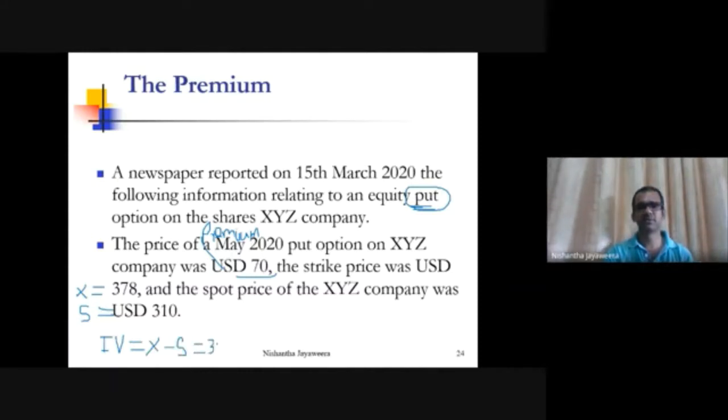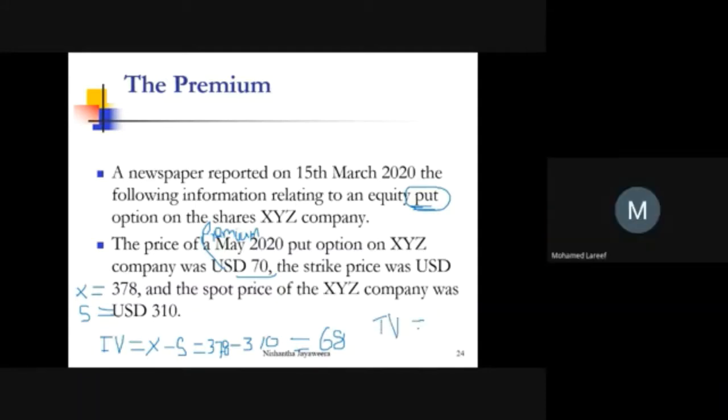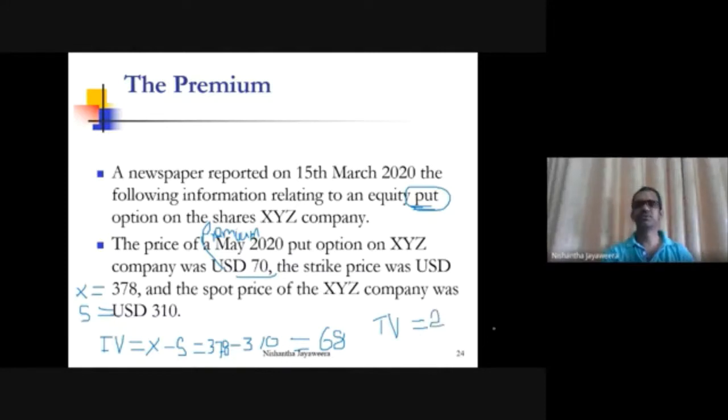So 378 minus 310, which is equal to 68. Intrinsic value is 68. What's the time value? $2, sir. Just $2. 70 minus 68.